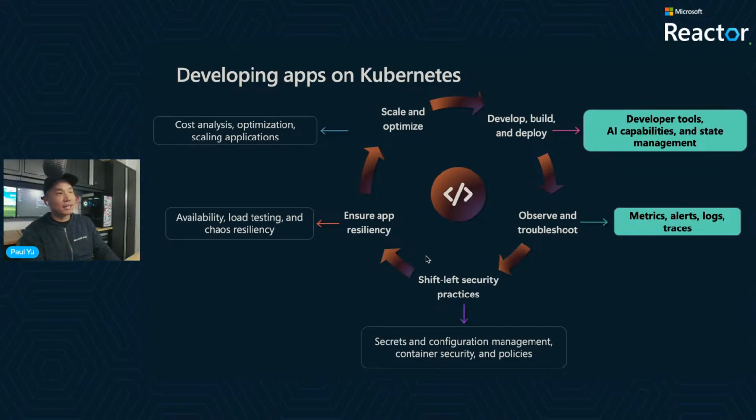And then we have things like shift-left security practices, right? Making sure we have best practices in place in terms of security to prevent any future incidents. Things like not using passwords anymore, not using API keys or tokens anymore. Relying on workload identity is a huge part of that, right?